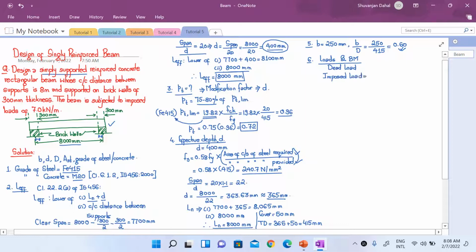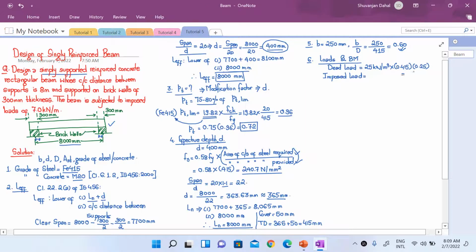So to determine the dead load, let us first assume the unit weight of reinforced concrete is 25 kilonewton per meter cube into the depth of our beam is 415 mm, so 0.415 meter into the width of our beam, which is 250 mm, that means 0.25 m.